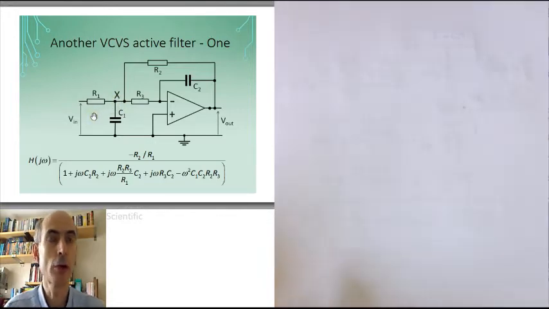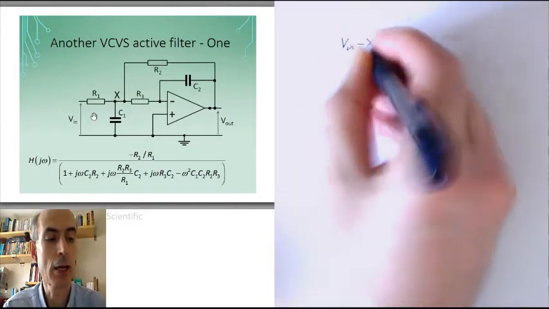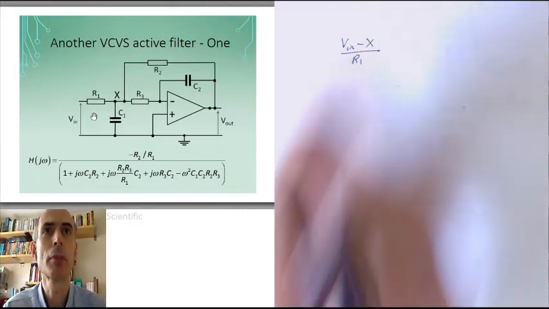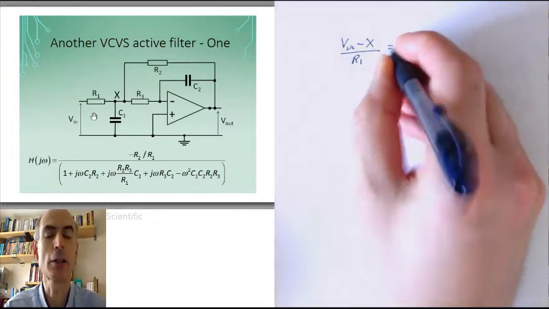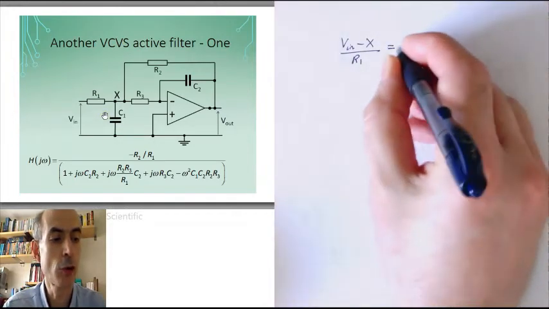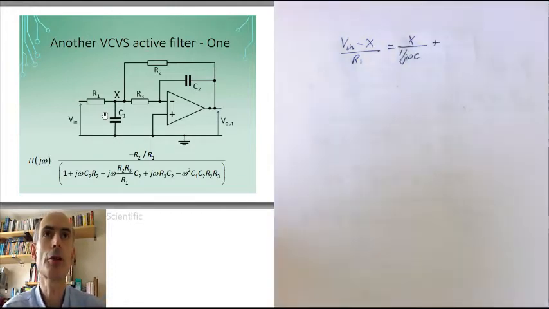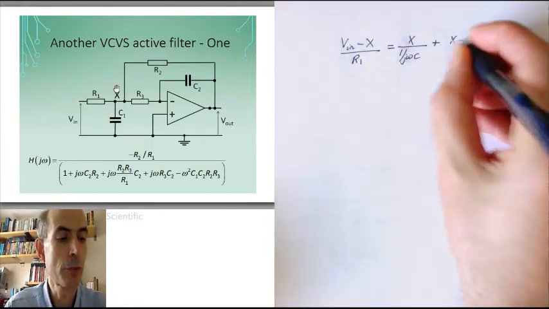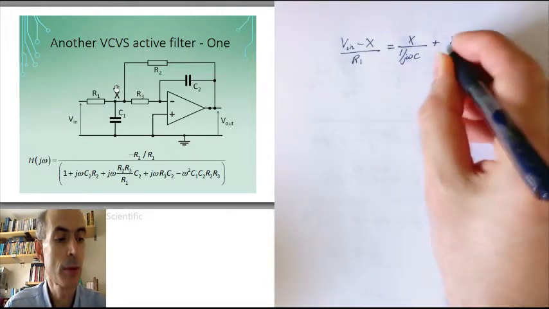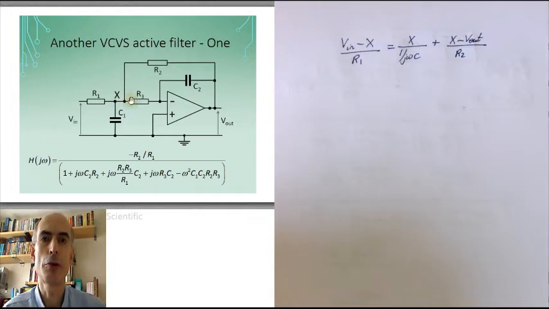The current flowing into X would be Vin minus X over R1. The current flowing out of X, well, that would be some current flowing down through C1, which would be X over 1 over j omega C1, plus the current flowing through R2, which would be X minus Vout over R2, plus the current flowing through here.